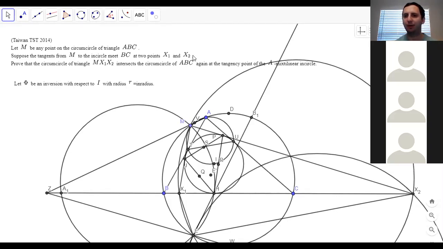Power ratio lemma. X1B times X1C over X1A1 times X1H.